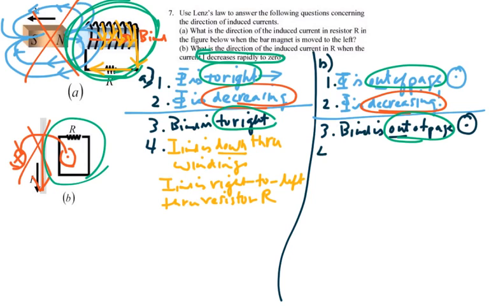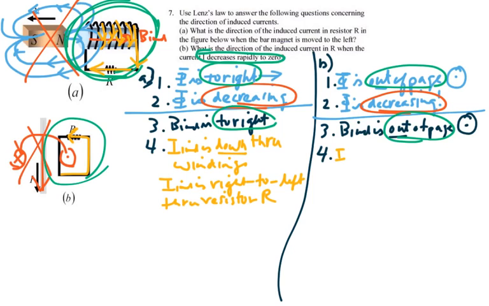What do we need to create this induced field out of the page? By the right-hand rule, in order to have a thumb pointing out of the page with the right hand, we are going to need a current that is going counterclockwise through this loop so that we can point out of the page with our right hand.